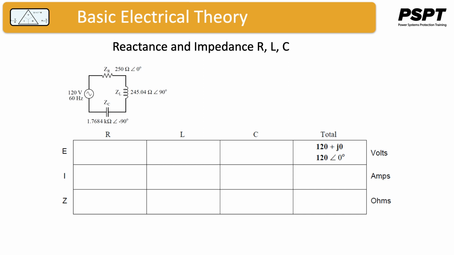Phase angles for impedances, however, like those of resistors, inductors, and capacitors, are known absolutely, because the phase relationship between voltage and current at each component are absolutely defined.